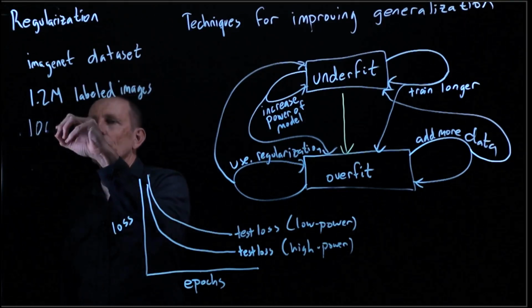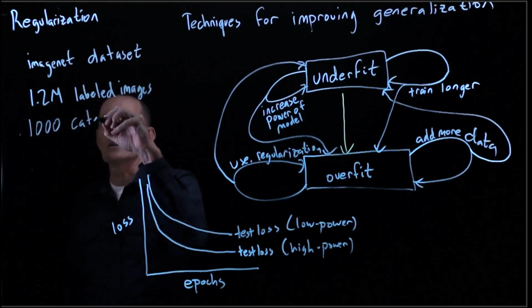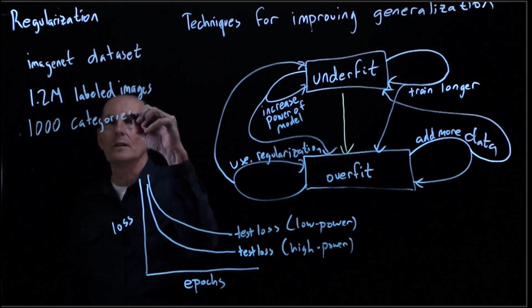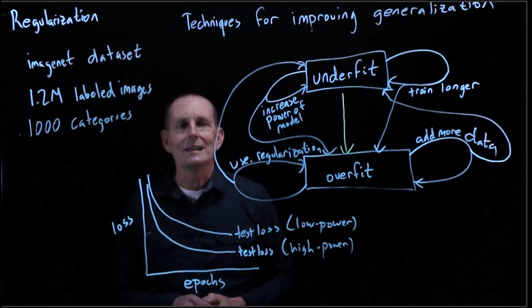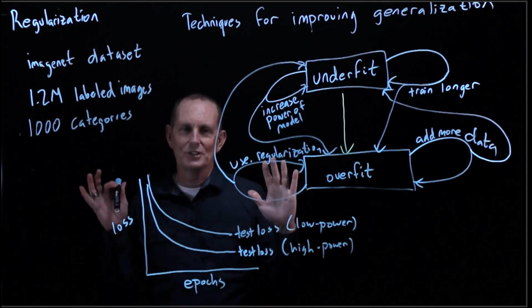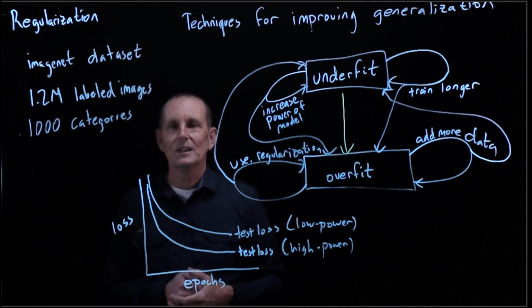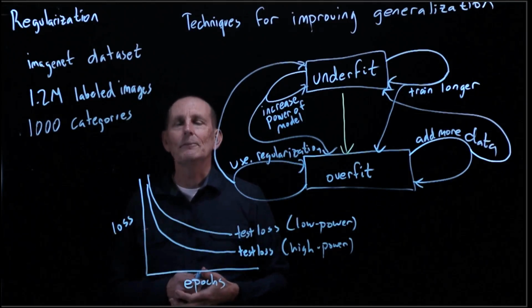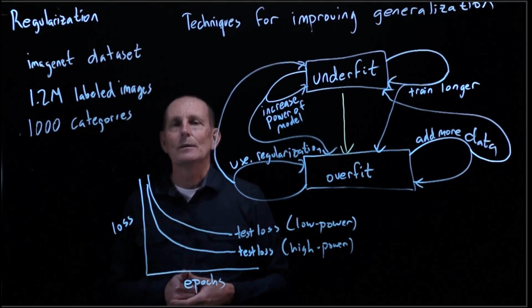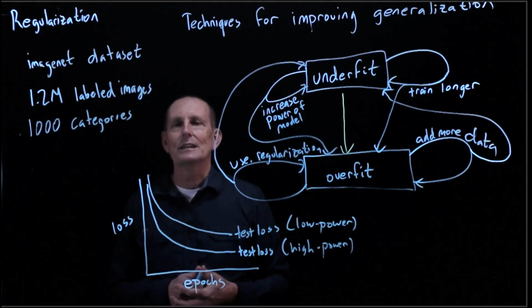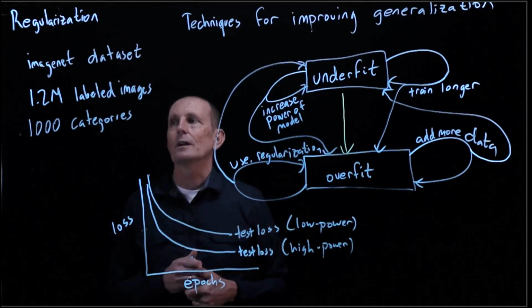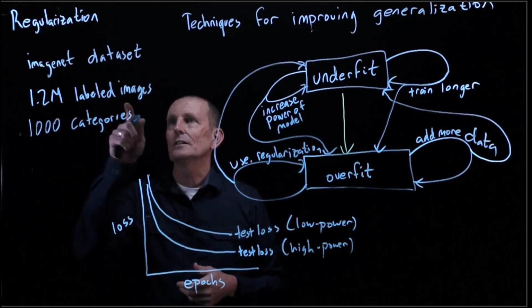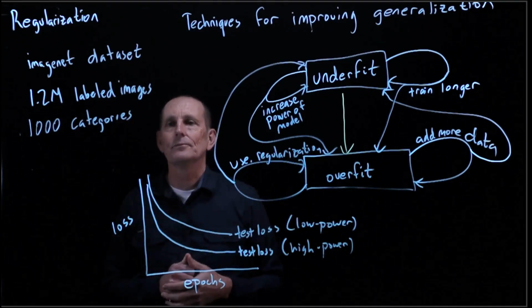And they're labeled with one of 1,000 categories. So for example, one category is, I'm not 100% sure, I don't remember these, but let's say German Shepherd. And another is bee. And another is bus. And another is tree. Okay, so we have all these categories that these images are labeled in.